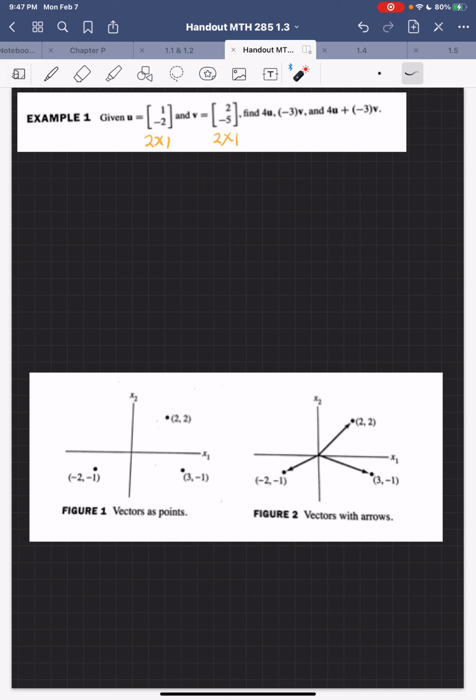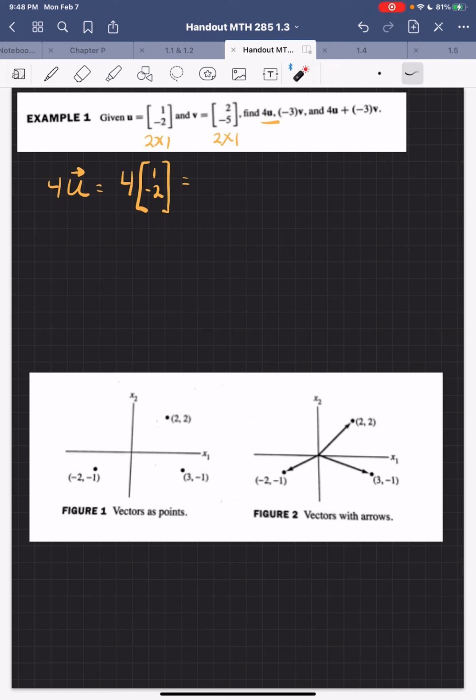Now, let's start with just some basics. As you recall, if you want to scale a vector, let's start here with 4u. That just translates into, we're going to take 4, and that's going to be scaled into this 2 by 1 matrix.